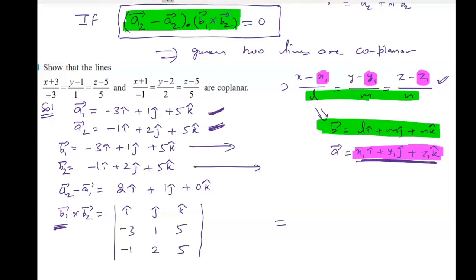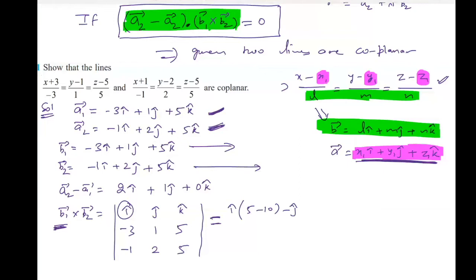Now just cross multiply. Just use the determinant and expand it. How do we expand? For i cap, we have taken this. You all know how to do this: 5 minus 10. Then we take minus j cap, and these will be omitted.